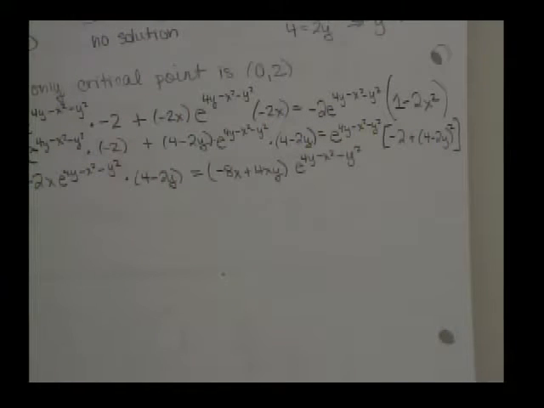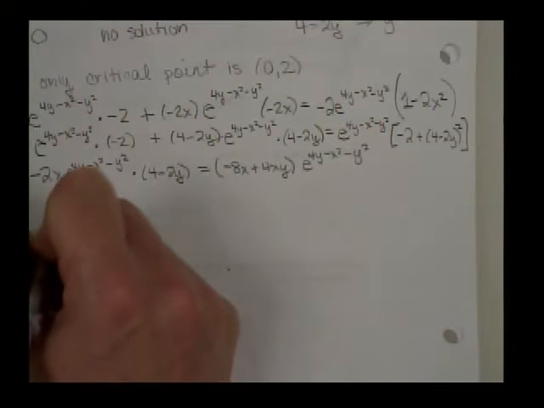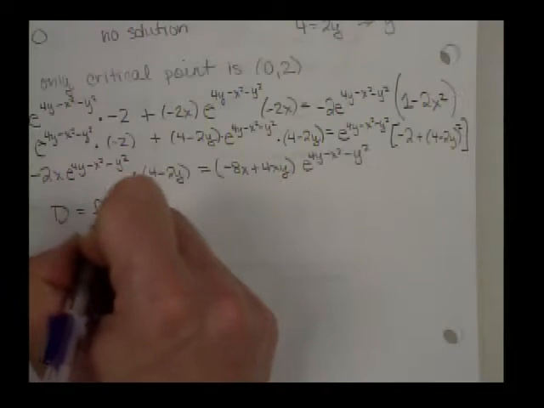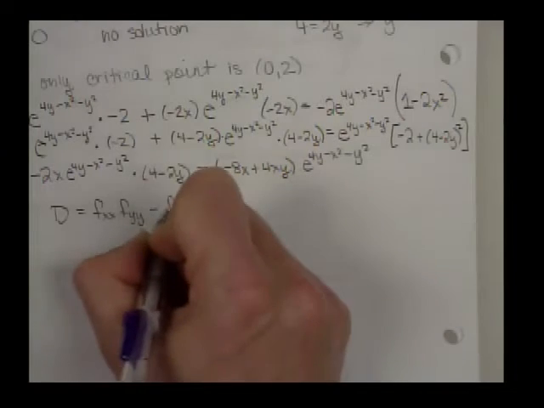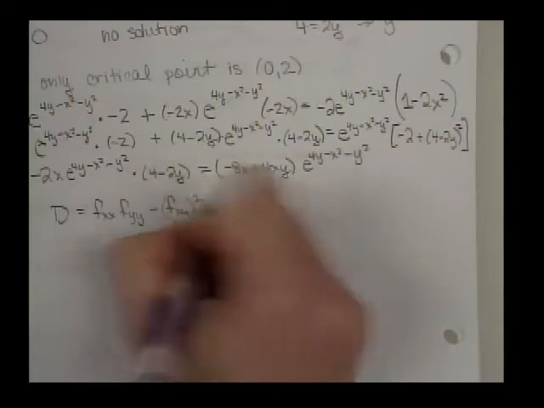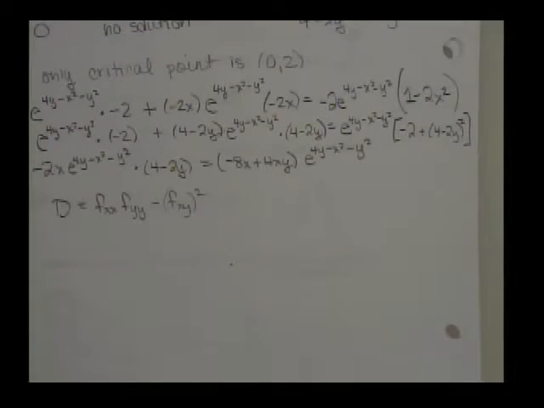Okay, so now we've found all of the second partial derivatives. So now we want to find that D, which is f sub xx times f sub yy minus f sub xy squared. And we just find it at the point (0, 2).